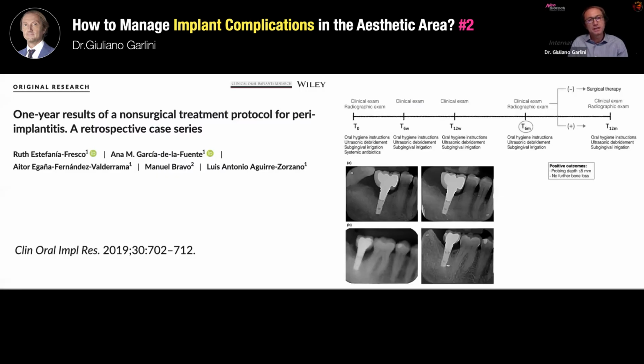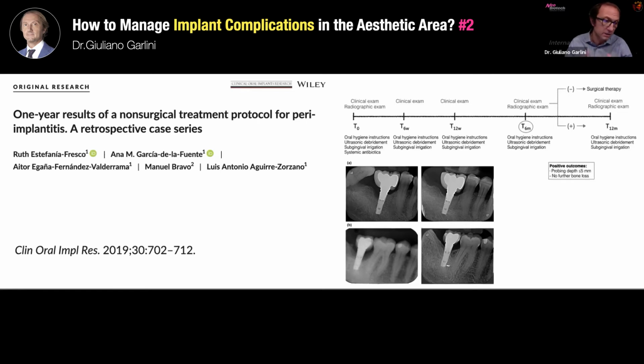Why? Because if we take a look at the literature, we can see that we can obtain very nice results also with a non-surgical approach. And this is a very important key factor, especially when we consider the anterior region. Because in the anterior region, the treatment of peri-implantitis with a surgical approach can determine a resolution of the disease, but can determine a very bad aesthetic result.